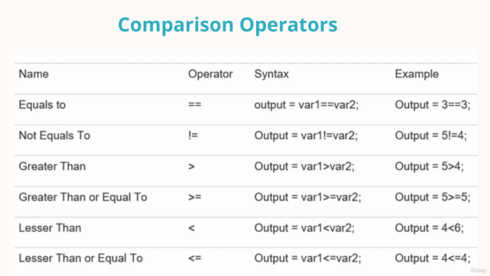Greater than, when you want to compare for the greater value, lesser than when you want to compare for the lesser value, and very similarly greater than or equal to, less than or equal to. It will compare the greater as well as the equality. So all these operators will compare two values and will always return a boolean, either true or false, on the basis of the comparison made. So let's see practically how we can start implementing these operators.